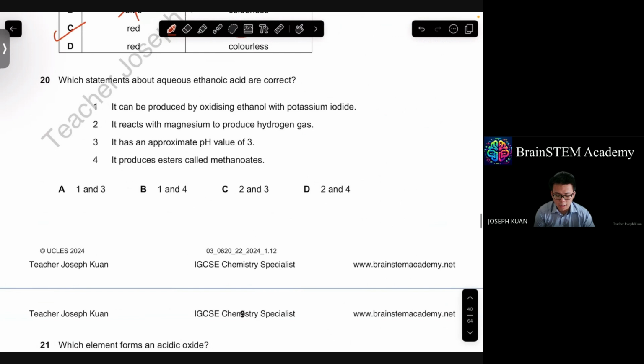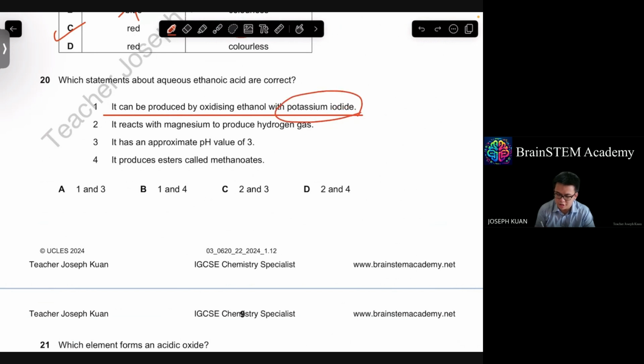Question 20. Which statements about aqueous ethanoic acid are correct? It can be produced by oxidizing ethanol with potassium iodide. Potassium iodide is not an oxidizing agent.